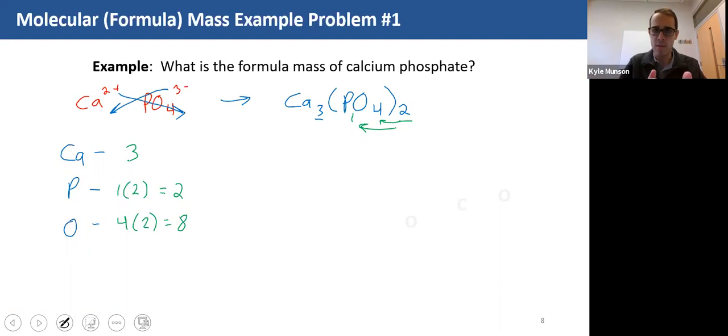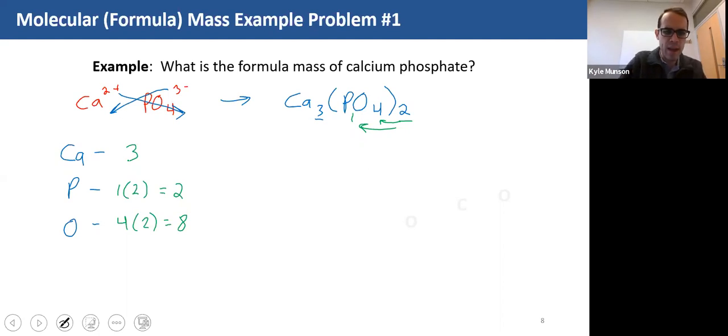Now what you can do is go to a periodic table and look up the atomic masses for each one of these elements. And what I like to do is round to 2 decimal places. That's pretty reasonable, I think. You don't have to list out all the decimal places for the atoms, just go to 2 decimal places.